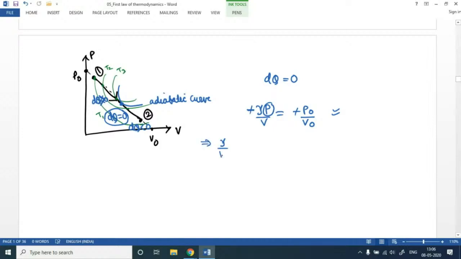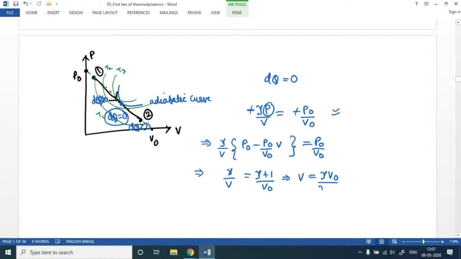So that would be gamma upon V, and P can be written as P naught minus P naught by V naught into V, and that would be equal to P naught upon V naught. This gives you gamma upon V equal to gamma plus 1 upon V naught, and further simplifying, you get V equal to gamma V naught upon gamma plus 1.